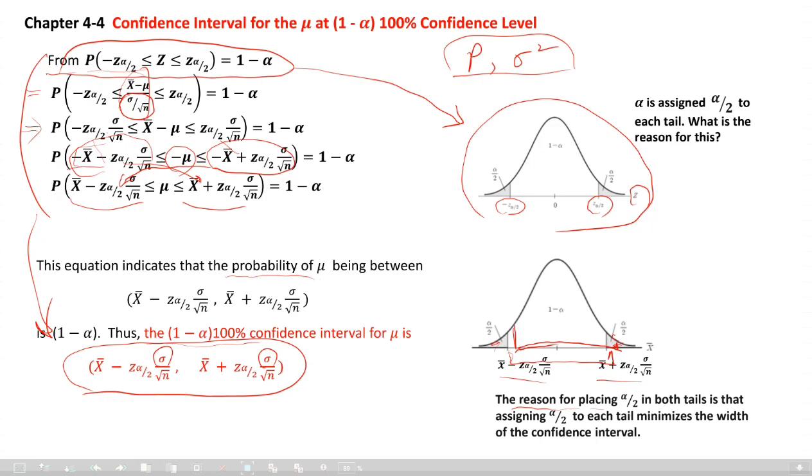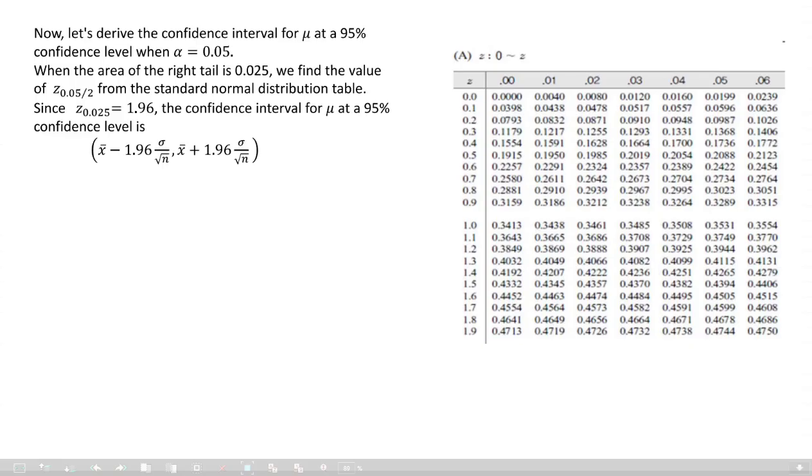And let's see a simple example, because it is a very important part, I think. Now, let's derive the confidence interval for mu at the 95% confidence level. When alpha equals 0.05, then it is the 95% confidence level. Then, what is that?